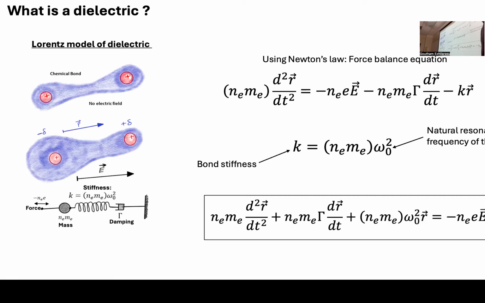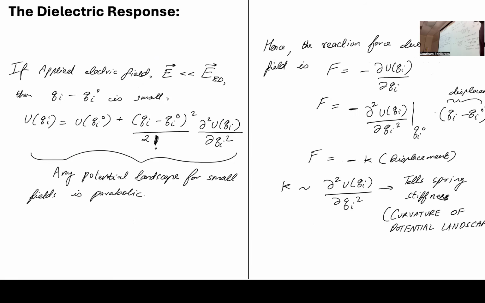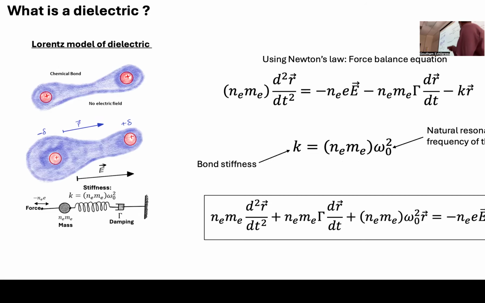Oh, so gamma is just a friction. Usually in any mechanical system, consider a spring. When you pull a spring, you apply a force and the spring wants to compress back. That's the spring force. But how fast you pull the spring also generates a force, and that's usually a type of friction.